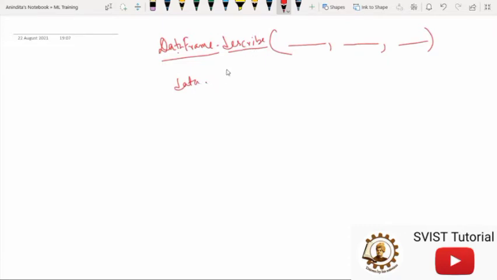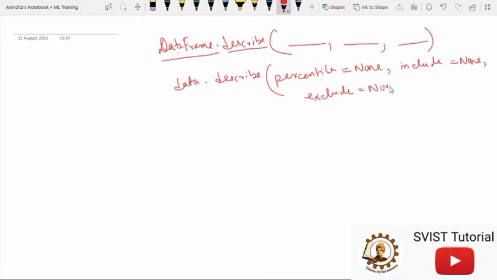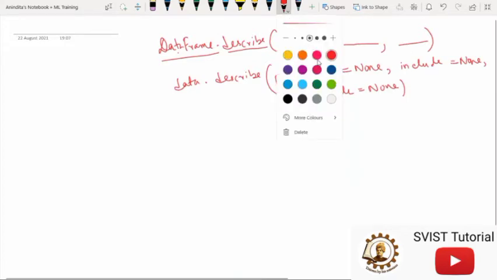Then the function name is describe, and then what are these arguments? The first argument is percentile, written as percentile equal to none, the second argument is include, also written as include equal to none, and the third argument is exclude, also mentioned as none.